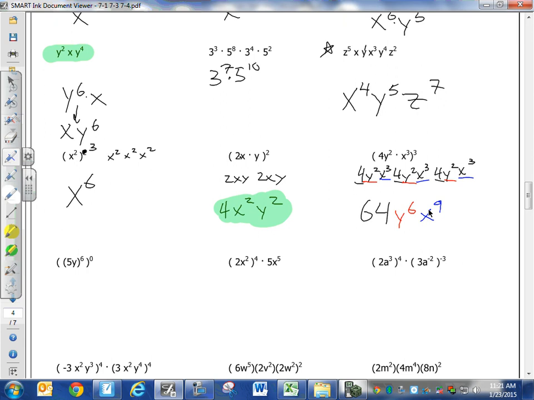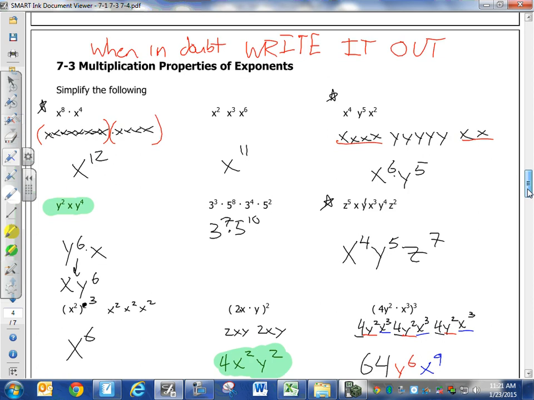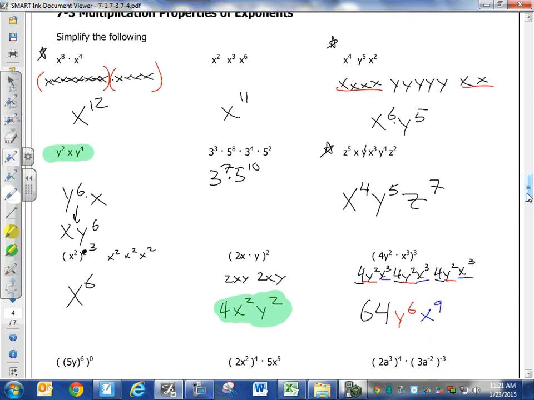Let's compare. X squared cubed, x to the 6th. X to the 8th times x to the 4th, x to the 12th. X squared cubed, x to the 6th. This 2xy became 4x squared y squared. This 4y squared x cubed quantity cubed became 64 y to the 6th x to the 9th.